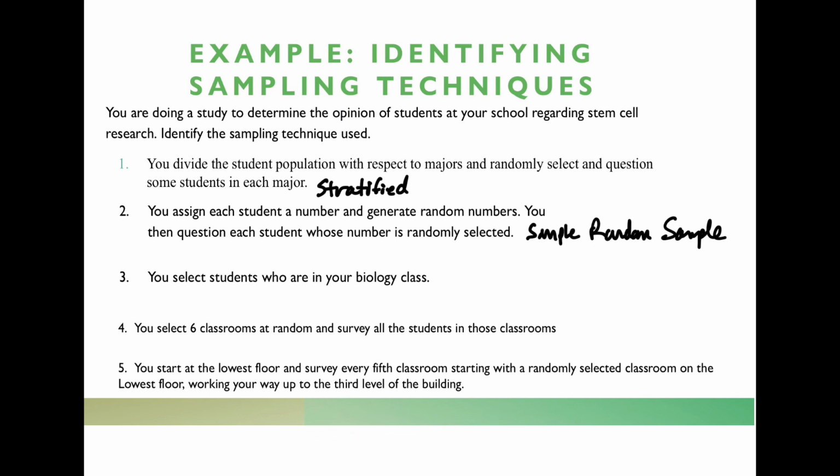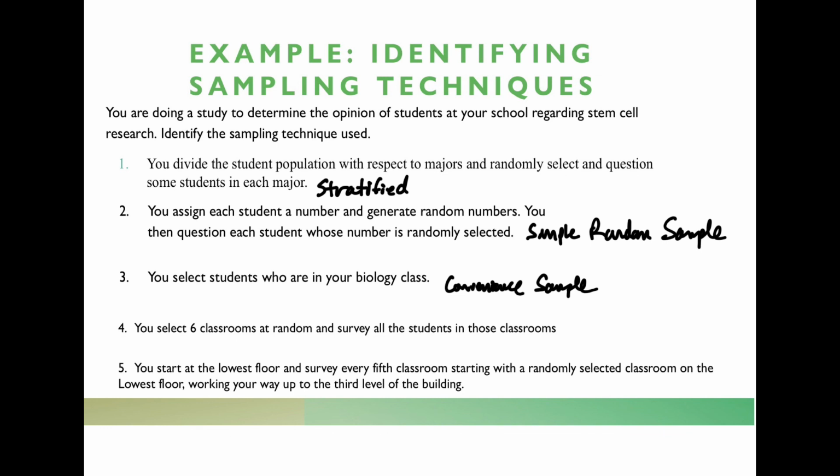All right, number 3, you select students who are in your biology class. Okay, well, this would be a convenience sample. Now, depending on what it is you're trying to ask and what the consequences are for the results, this would not be a very scientific design at all. It's too convenient. And so we would want to avoid that type of setup most of the time.